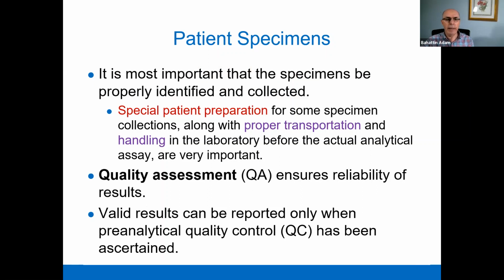It is most important that specimens be properly identified and collected. As I told you earlier, identifying and collecting a specimen, a sample, is one of the most important issues that we have to do at the beginning of the process. In some cases, special patient preparation is needed.